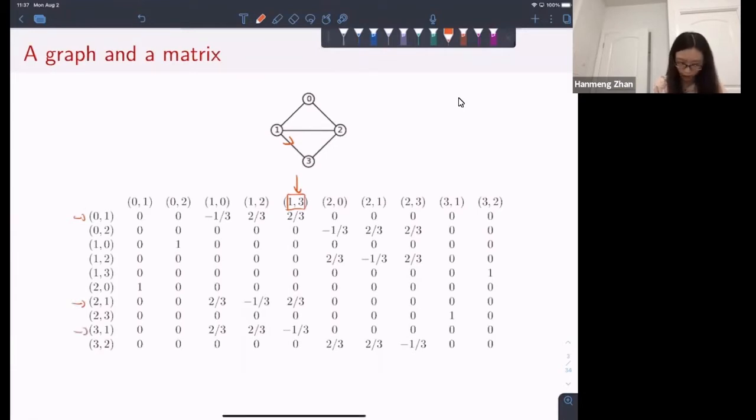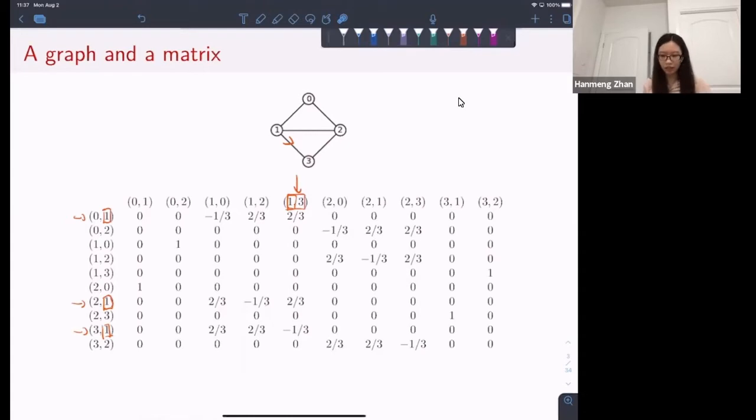So all of these are incoming arcs that enter the tail of the column index. Okay, and the same pattern holds for every other column. If you start with any column, the non-zero entries you will see are only indexed by the incoming arcs of the tail of that column. Okay, and there are many other things you can say about this matrix. For example, you may even find a connection between these denominators and the degrees of the vertices. But I'm going to leave this discussion to the next slide.